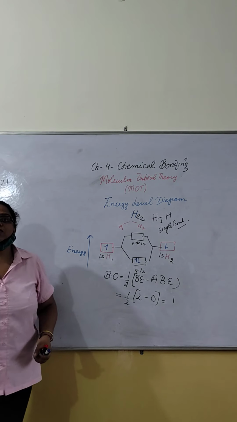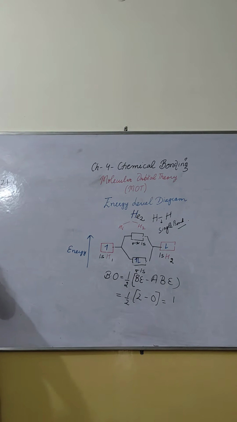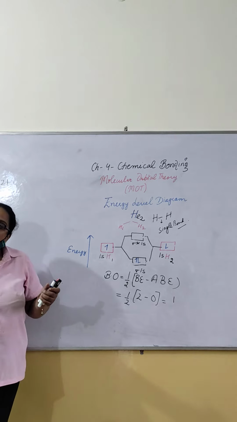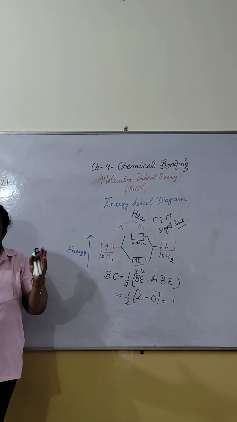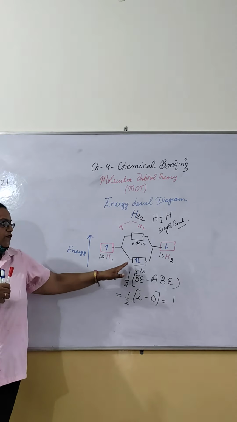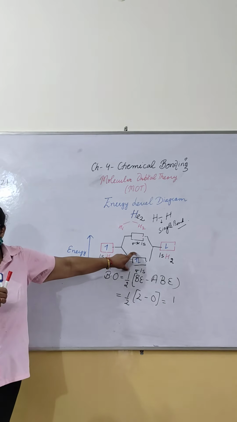Diamagnetic means if the electrons are paired, they will not be attracted towards a magnetic field. If electrons are unpaired, it is paramagnetic and will be attracted towards the magnetic field because of the unpaired electrons.